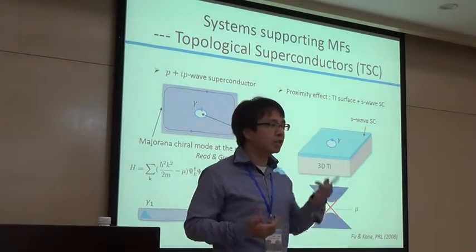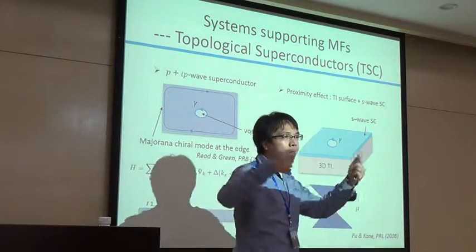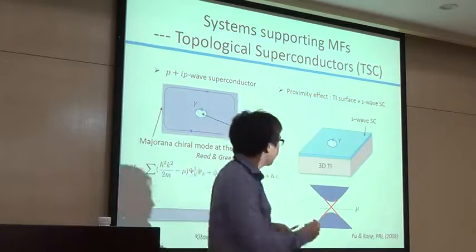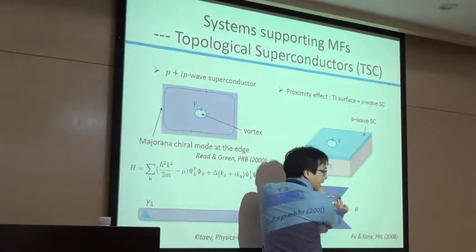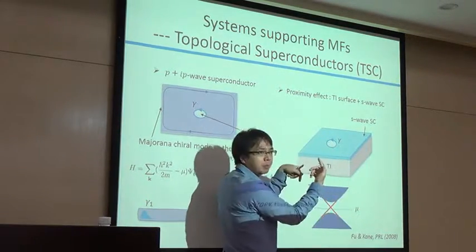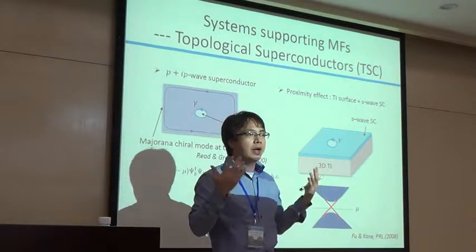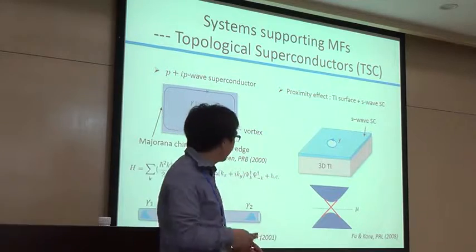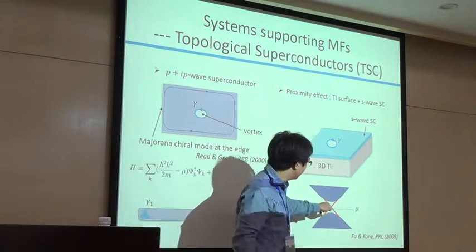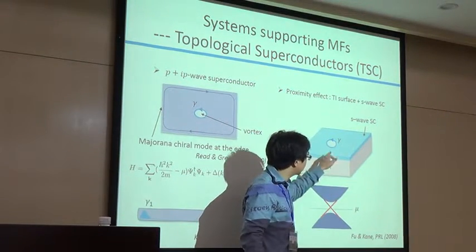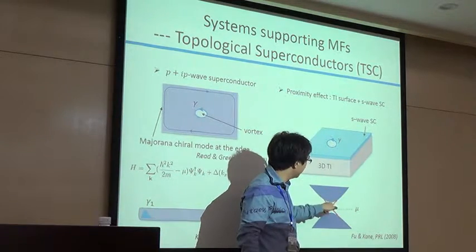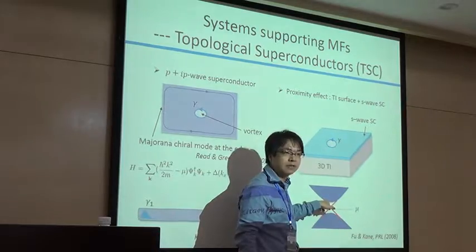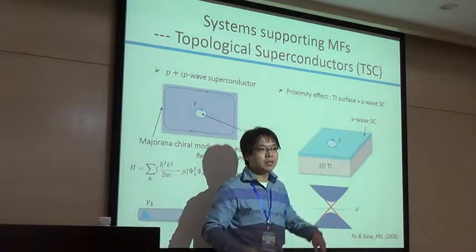Because ordinary superconductivity prefers to pair an electron with spin up at positive momentum and a spin down electron with negative momentum, with opposite momentum. That's what an ordinary S-wave superconductor tries to do. And with this material, it's actually possible, using just an S-wave superconductor, to pair the electrons at positive k and negative k with opposite spin.